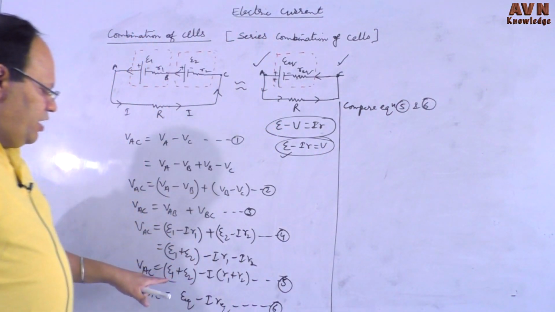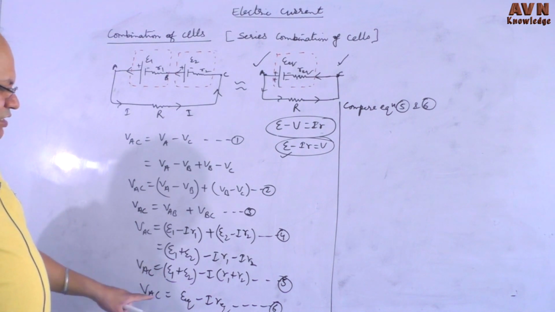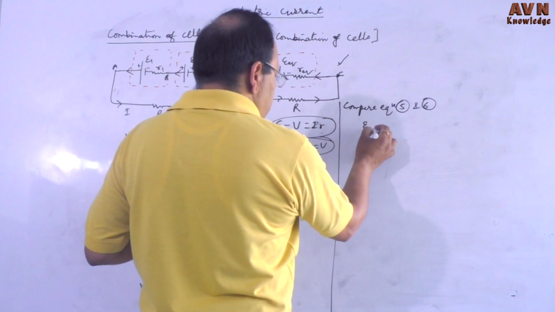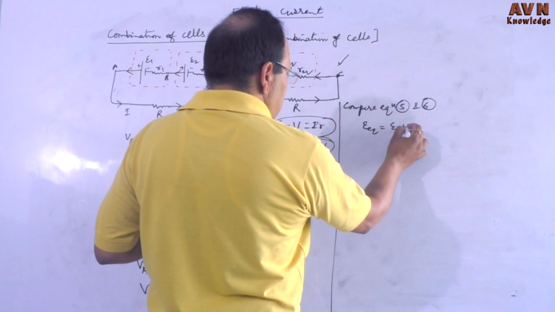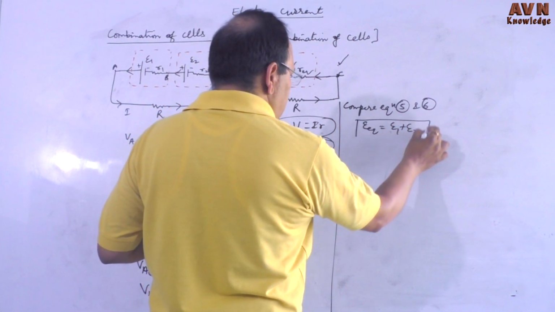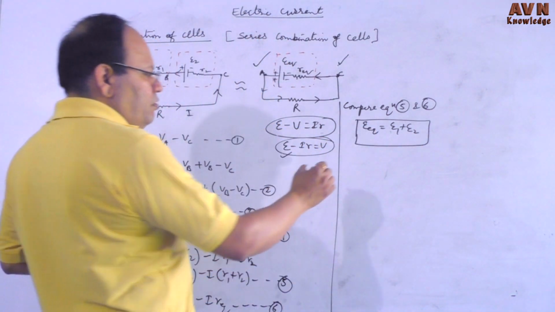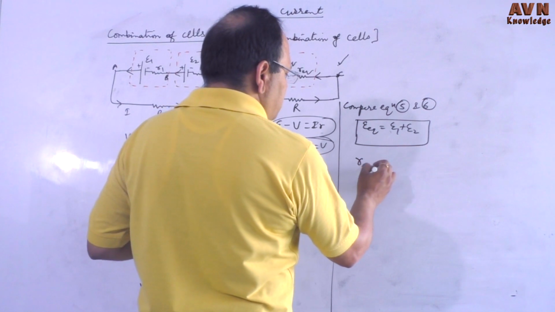What will be the equivalent? VAC is the same, so E equivalent will be equal to E1 plus E2. And what is the R equivalent? R equivalent equal to R1 plus R2.